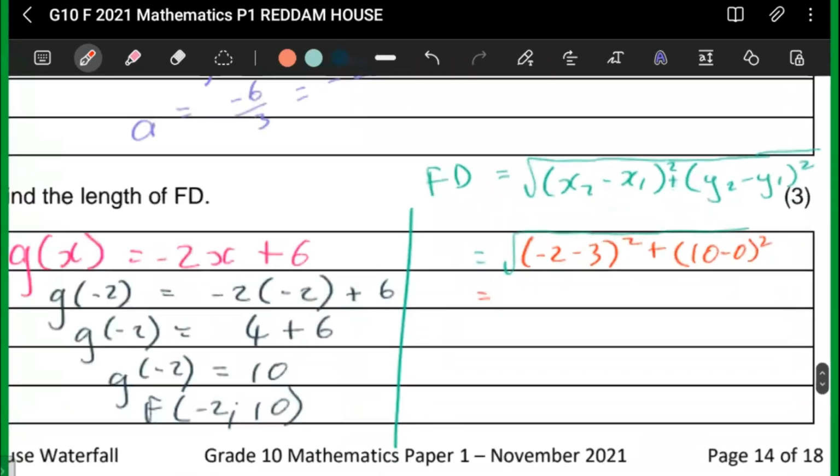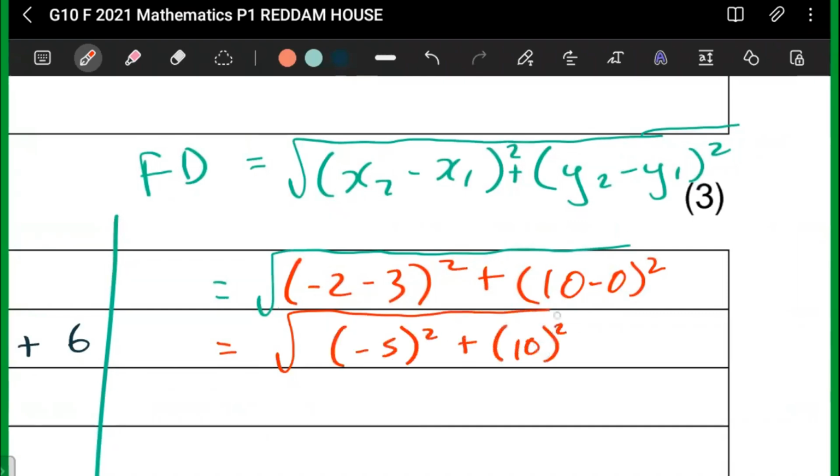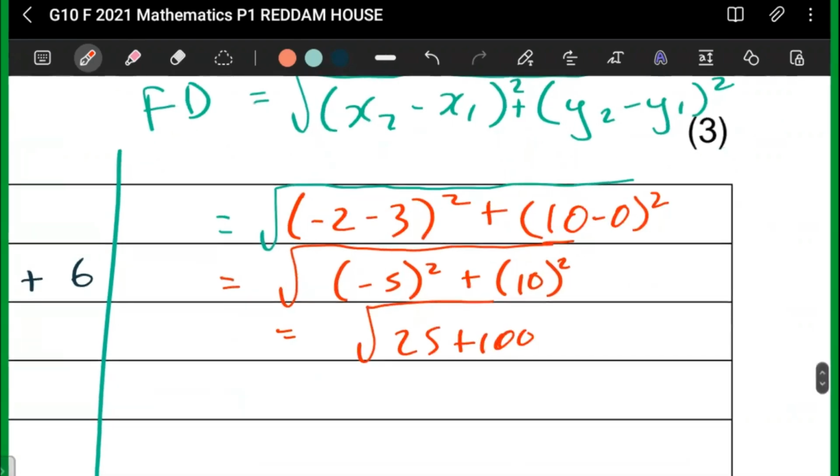So here, we're going to have -2 minus 3, that's a -5 squared. 10 squared, that's 100. So you can see here we have -5 squared, which is 25. 10 squared is 100. Square root of 125 is our answer.